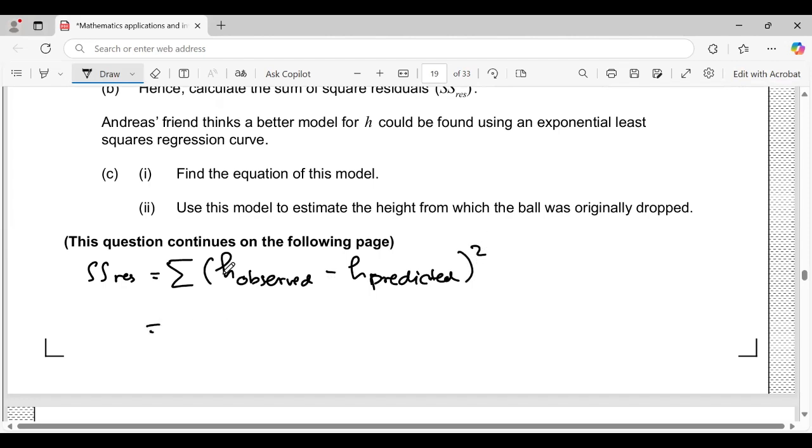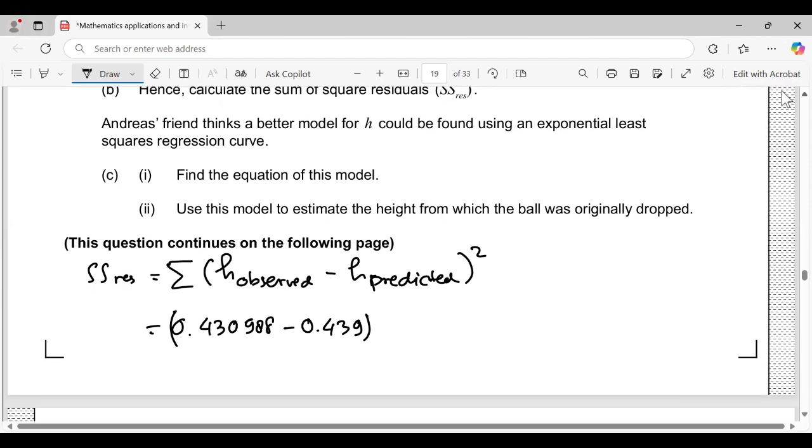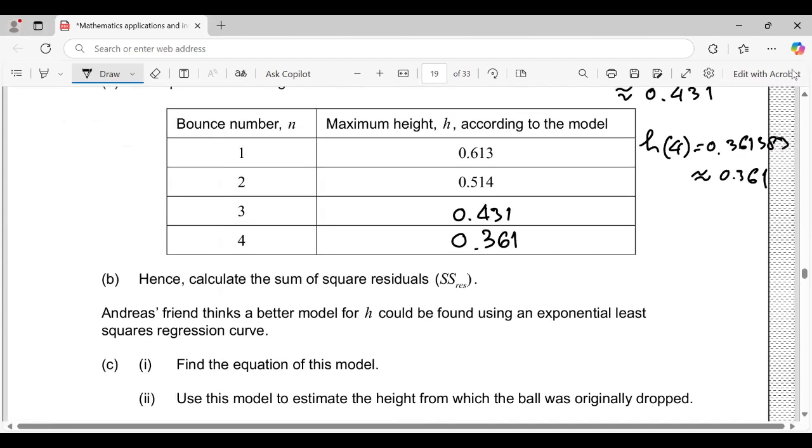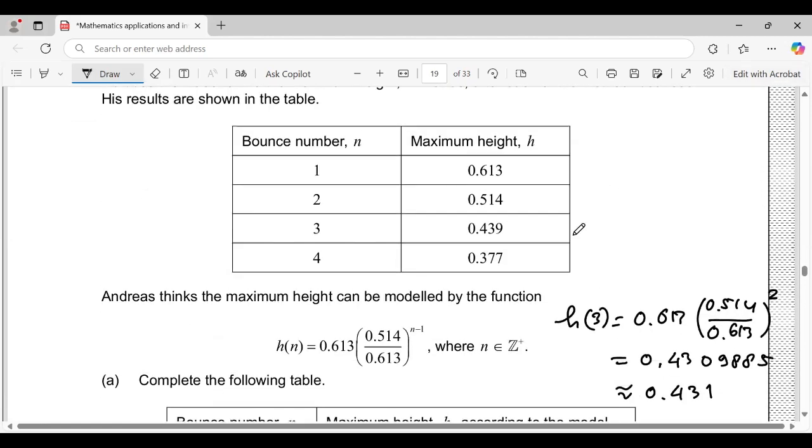Then substitute the numbers. It is 0.430988, this is our calculation just now, minus 0.439. So this number minus this number.